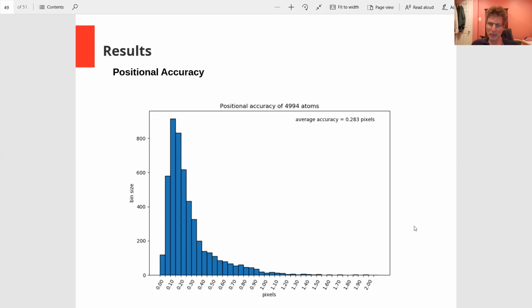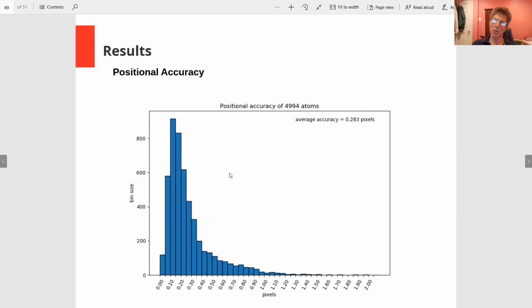And what I found is that the average accuracy is 0.283 pixels. In other words, each atom position can be recovered down to sub-pixel accuracy.